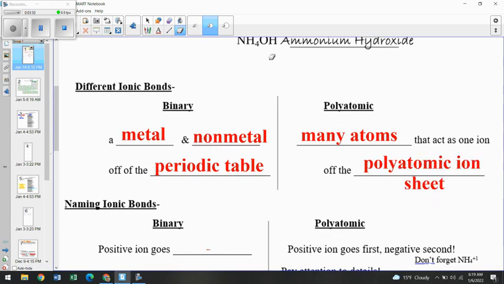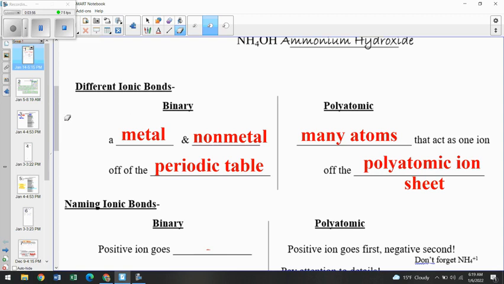Let's break this down a little bit. If you learned in a social studies class, someone who was polytheistic means multiple gods. So the word poly means multiple, and obviously atomic is referring to atoms. So these are when you have multiple atoms acting as one ion.